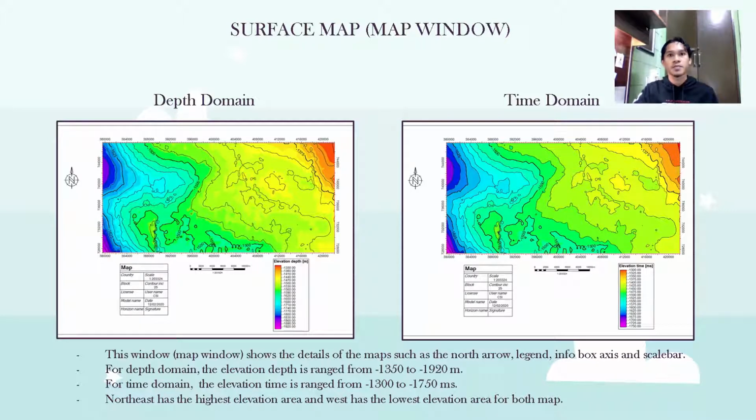For the time domain, the elevation time ranges from negative 1300 until negative 1750 milliseconds. As the map is the same, just different in time, roughly the map shows the same thing, such as the elevation of the map. And we can see that the northeast of the map has the highest elevation, and the south and west part has the lowest elevation area.